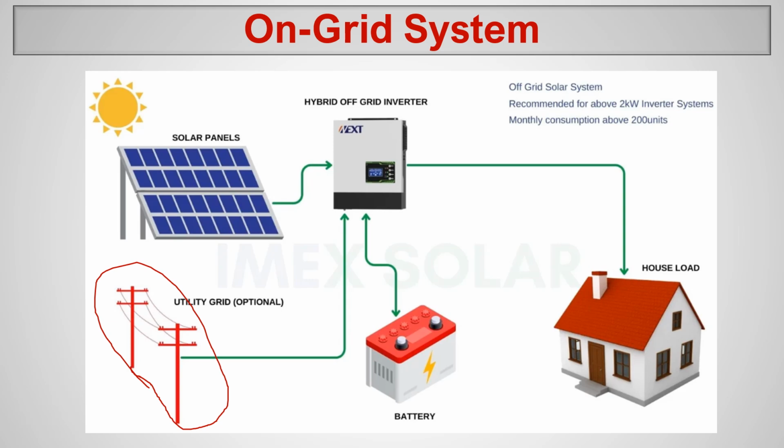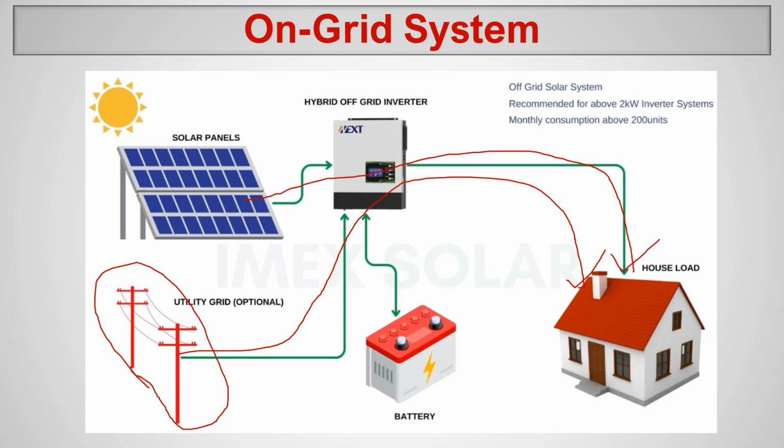We need not worry about power interruption, because in the daytime solar PV will supply the power to the house, and during the night time the grid will supply the power to the house. If you have a battery, both grid energy and solar PV energy can be stored in the battery.